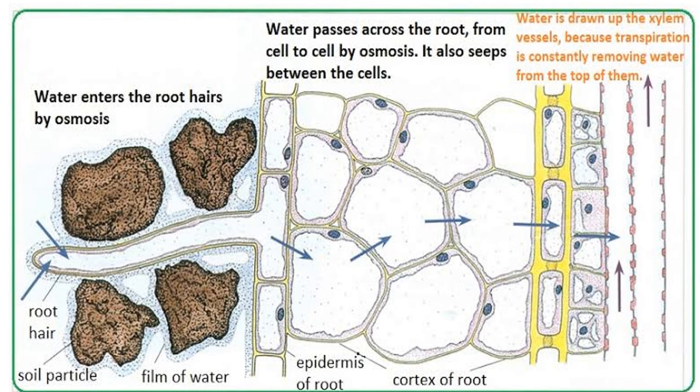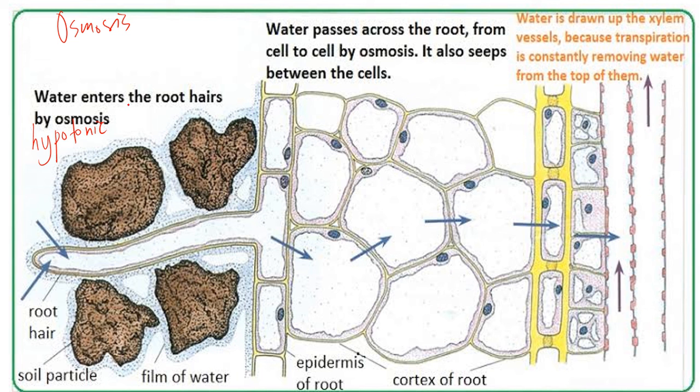How does water get inside of the root? Remember that the first process is what they call osmosis. How does this happen? The water present in the soil is greater than the water concentration present inside the root, which makes the water outside more dilute, and therefore we call that hypotonic.